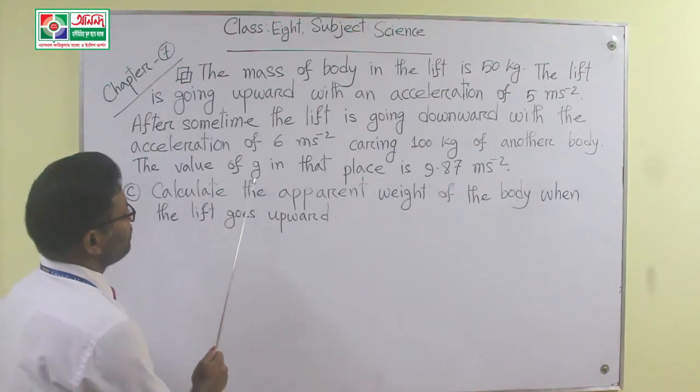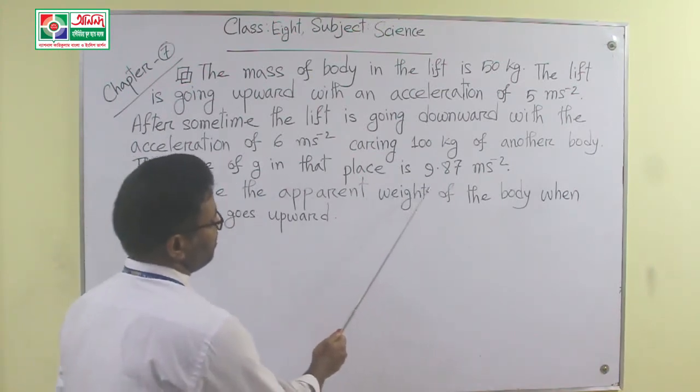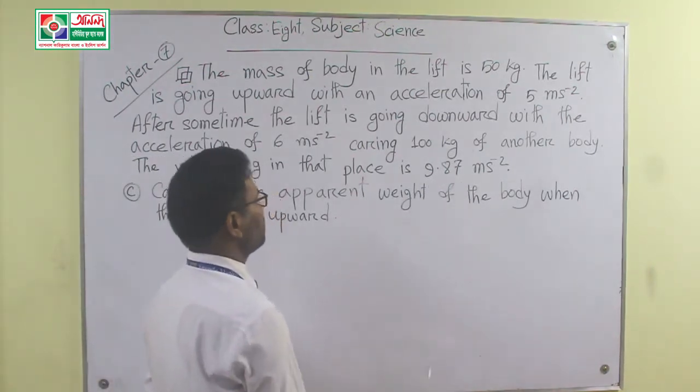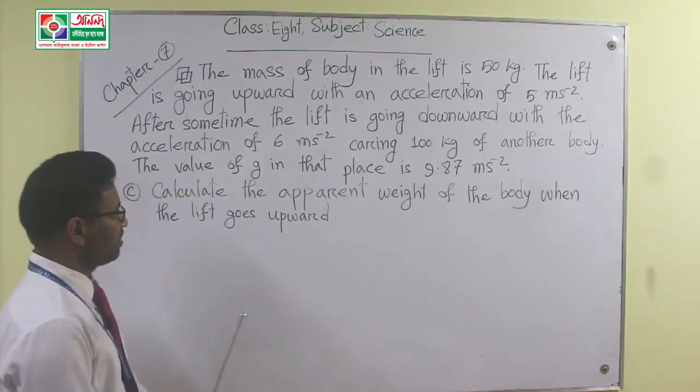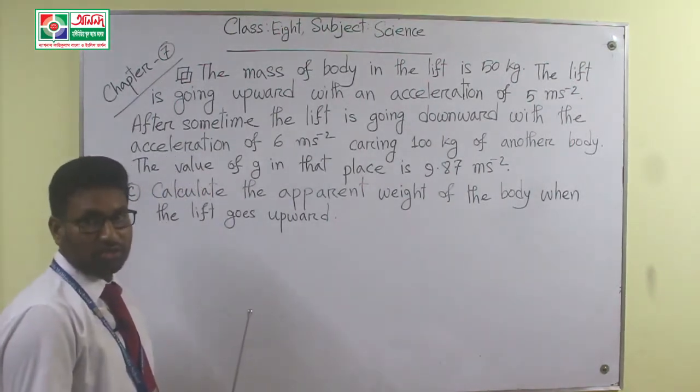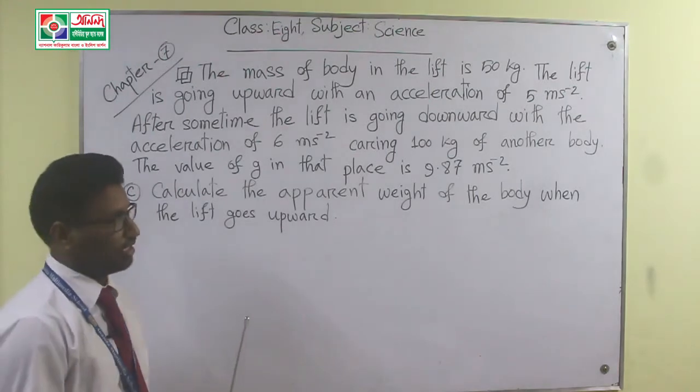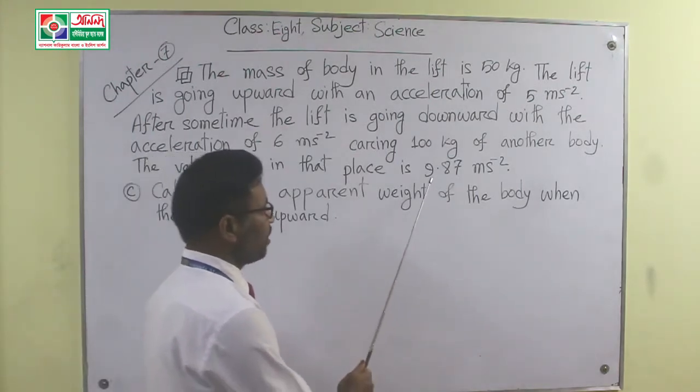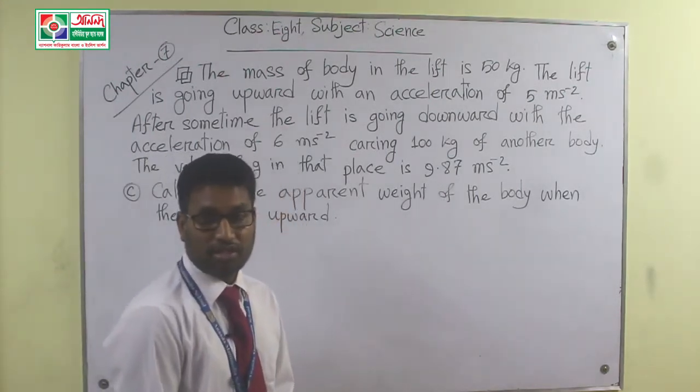The value of g in that place is 9.87 meter per second square. That means in this case acceleration due to gravity is also present, and its value is 9.87 meter per second square.